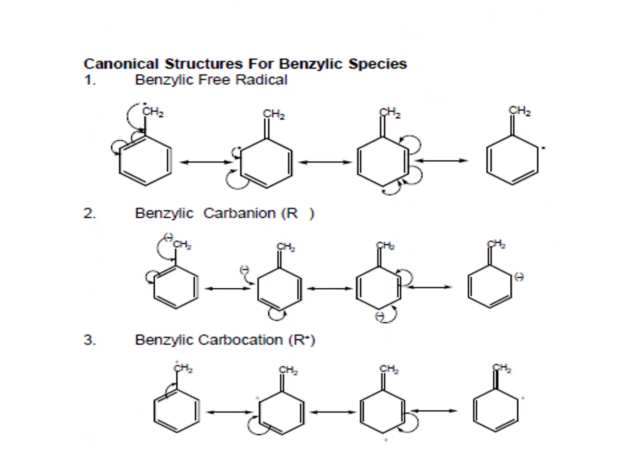The same happens in benzylic species. Why are they stable? Because they are stabilized by resonance. The more the electrons can be delocalized within the aromatic ring, the more stable the compound is. So whether carbocation, carbanion, or radical, they are very stable because they are delocalized and stabilized by resonance.